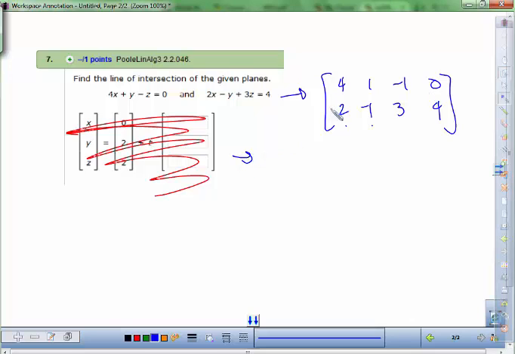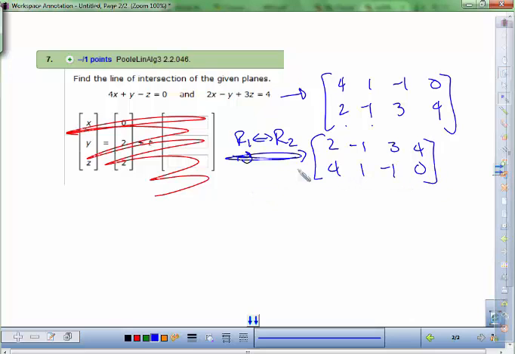So I'm going to do a switch first. I'm going to switch row 1 and row 2 because I can. 2, -1, 3, and 4. 4, 1, -1, and 0. And then I'm going to multiply the first row by -2 and add it to the second row.